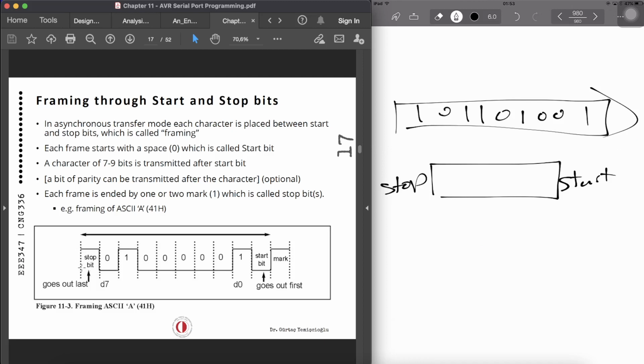The characters can be between 7 to 9 bits, or a parity bit can also be added. It's optional and can be configured. For example, in this one, ASCII A, which is 41, is sent. So 0100 is 4, and 0001 is 1, and this is what we are sending from one side to the other.